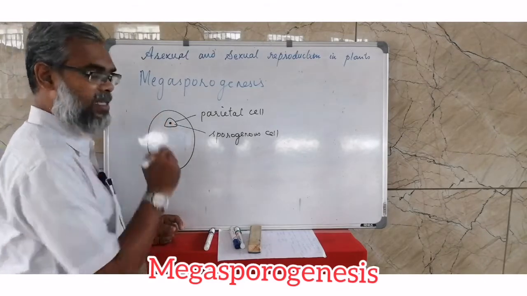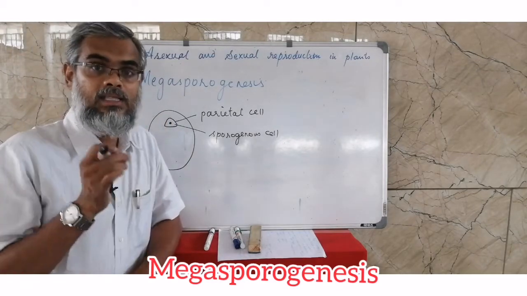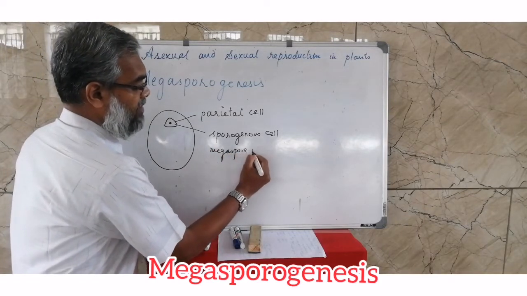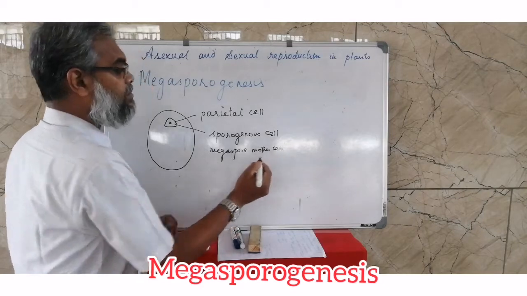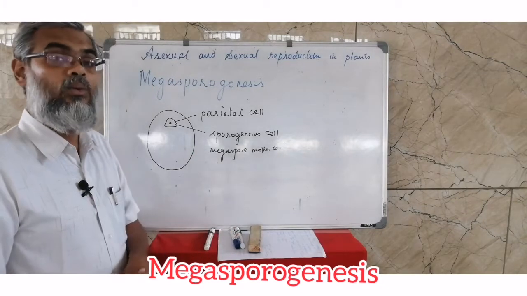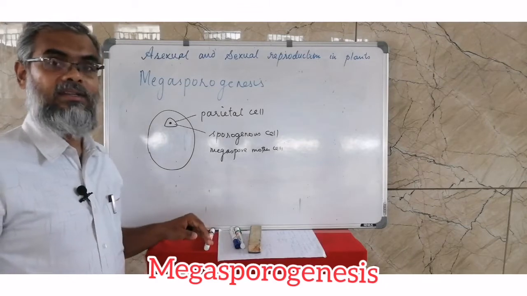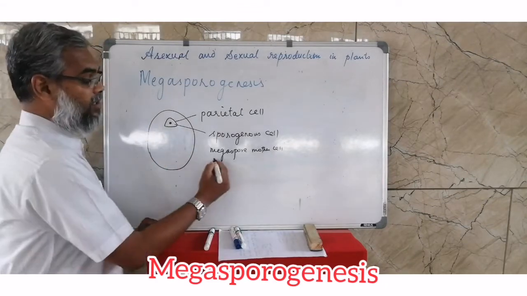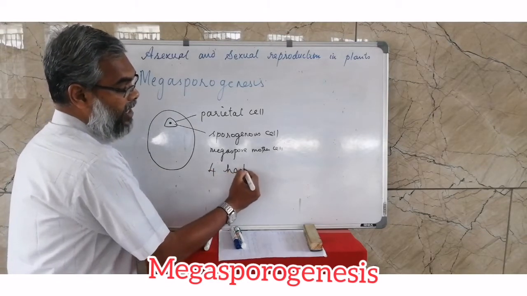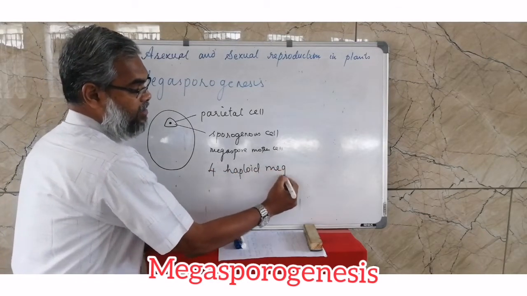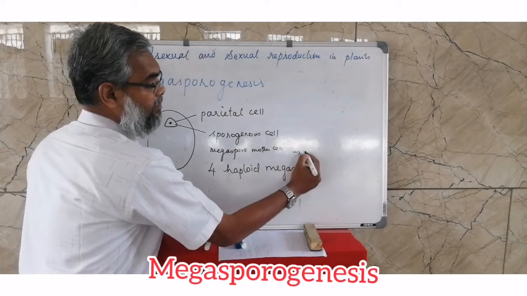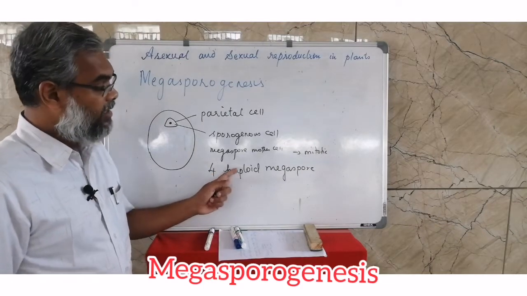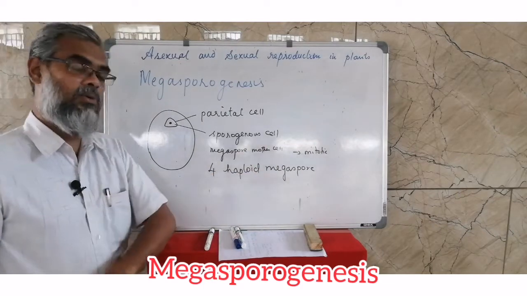This sporogenous cell will act as the megaspore mother cell. This megaspore mother cell will divide into 4 haploid megaspores. So by meiotic division, it gives 4 haploid megaspore cells.